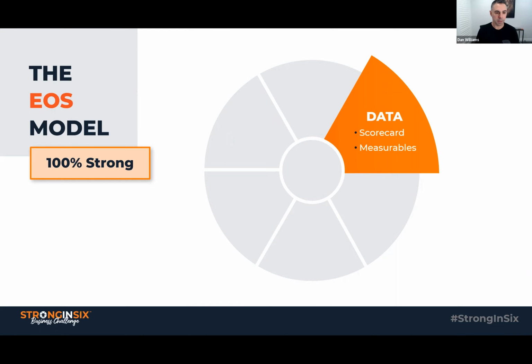Picture being on that beach in Fiji, and we know whether the business is on track or not. That's the power of that scorecard. We're away from the business and it gives us that intel. And everyone in the company has a number and is held accountable to it. That is 100% strong in the data component. And this is, like I said, that sanity part to our vision.